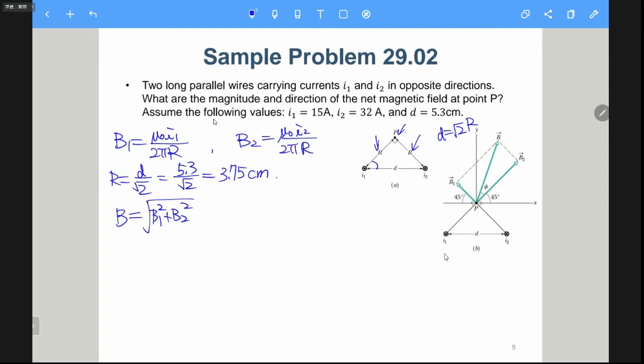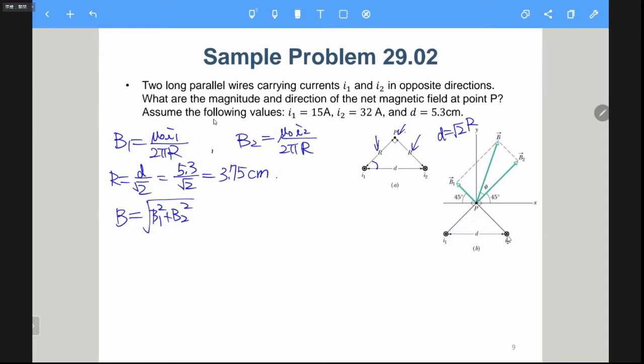So use your thumb pointing out of the page, and then at this point, your forefinger will be pointing to the top left. Use your forefinger, and then your thumb is pointing out of the page, something like that.